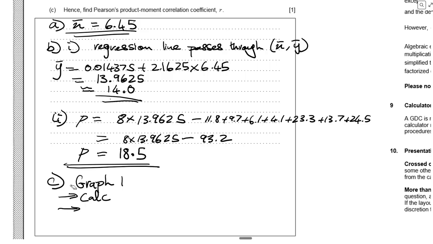And then, so let's do steps, right? 1, 2, and 3. Then on calc, we want to go to x, and we want to choose x, and we want to do ax plus b. That gives us our linear regression.